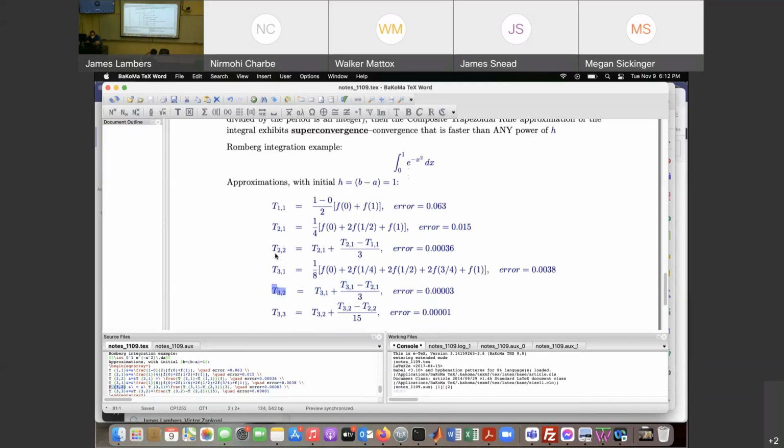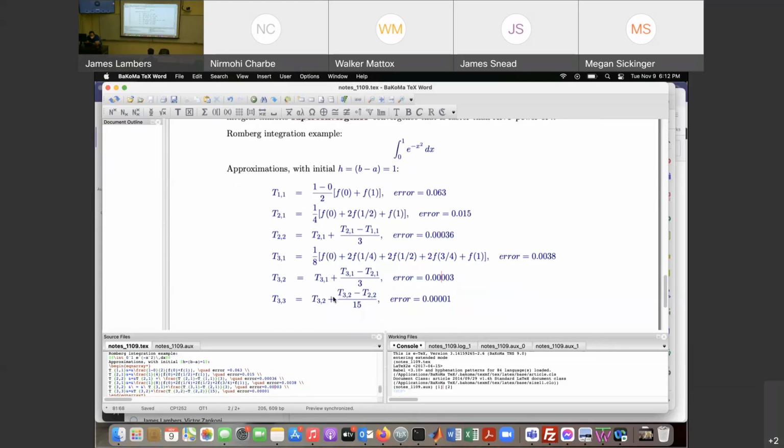So now I have 2 fourth order approximations. And we see that the error decreases more rapidly between them as the spacing is cut in half. Finally, I carry out extrapolation one more time between these two fourth order approximations to get a 6th order accurate one.